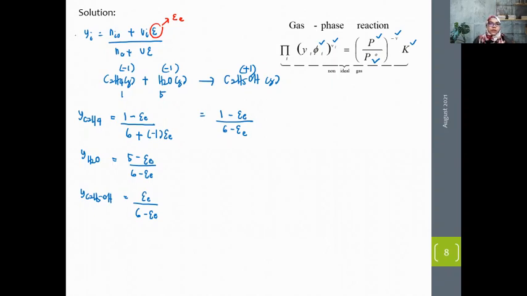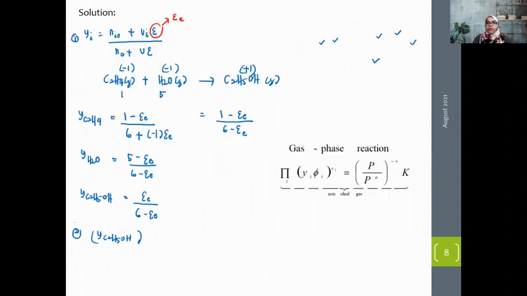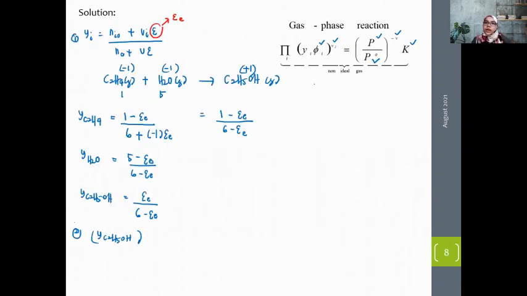This is the first step, and then the second is to insert. So we have the product over the reactant. The product is ethanol, Y C2H5OH times its fugacity coefficient. Maybe I should write this first.